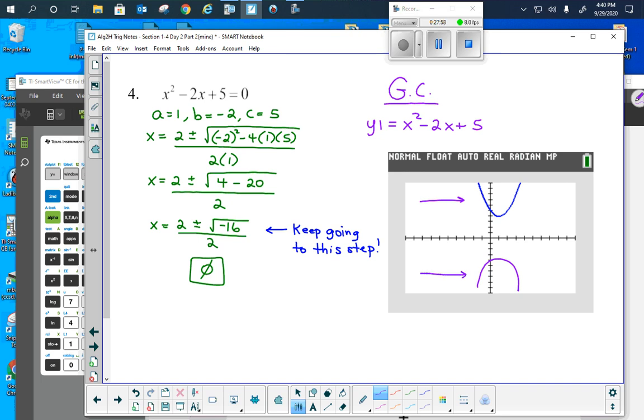One, you do know it's going to open up, and for it to open up with this positive coefficient in the front and not cross the x-axis, it would have to be all above the x-axis. And two, if it was this one down here, then it would have a negative coefficient in the front, right, to be able to never cross. And two, so we'll go ahead and get rid of that.